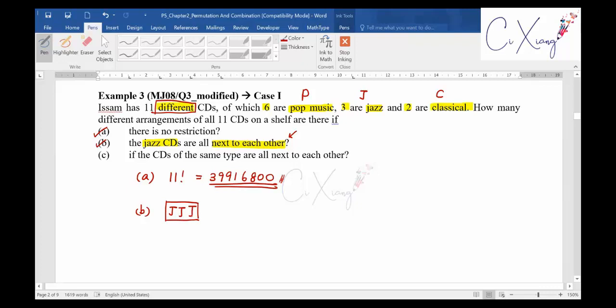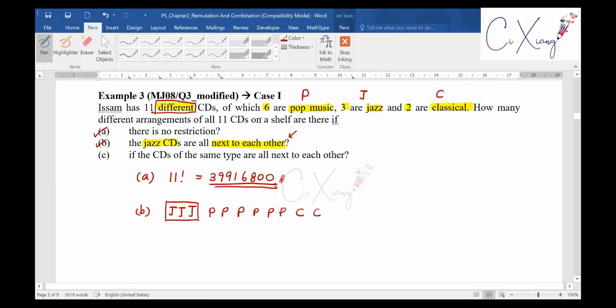You have 3 CDs, but assume it is only one, because they want to be next to each other. This is the first step you need to know. After that, you have 6 pop CDs, 1, 2, 3, 4, 5, 6, and then 2 classical. Please take note that all the CDs here are different.